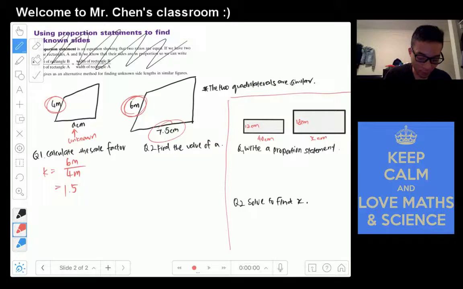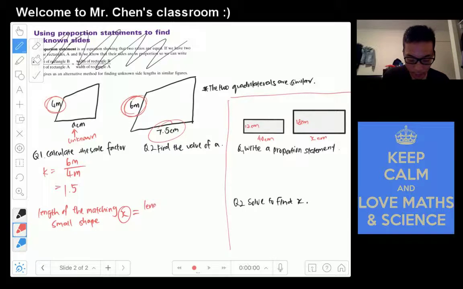So what we are trying to find right now is the unknown length. We were trying to find out the length of the matching small shape, which is your x, equal to the length of the large shape divided by 1.5.